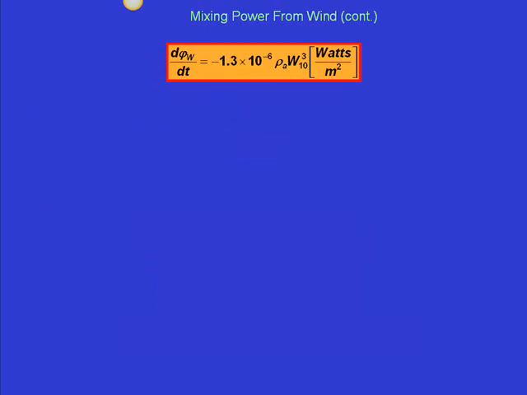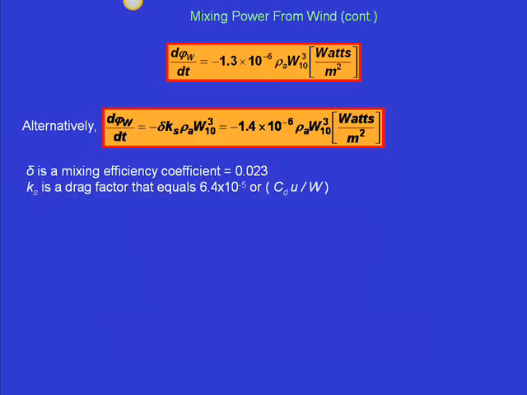Okay, but there's also another representation that other people have come up with, that the power generated by the wind per unit area is given by this expression, which is analogous to the one above.